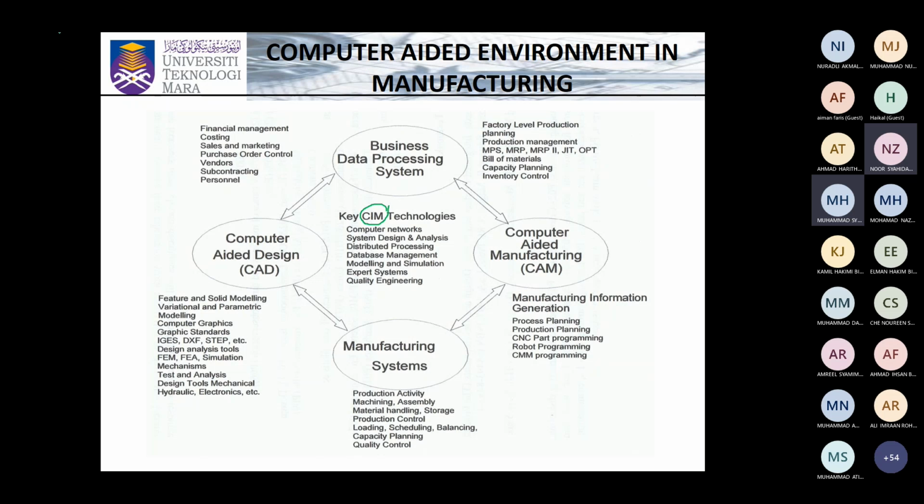This simply means that we integrate all the working systems of the plant together with manufacturing concepts to enhance the productivity and performance of the product, and to enhance the efficiency of the manufacturing plant in general. For CIM technology to function efficiently, we need computer networks, system design and analysis, process distribution, database management, expert systems, and quality engineering. All this must be present for a fully successful CIM technology.